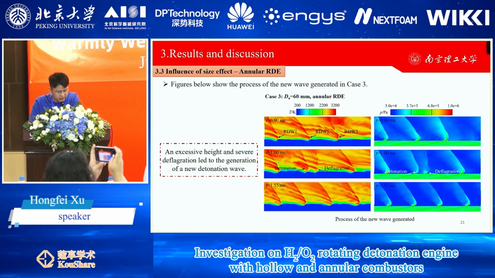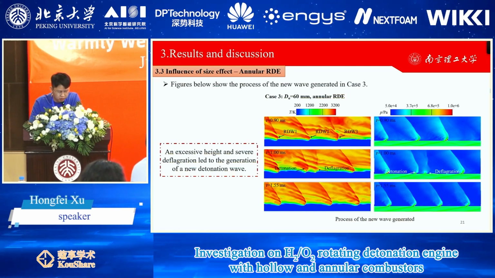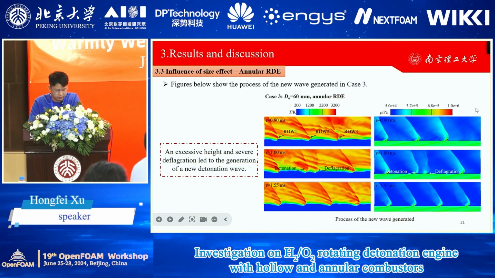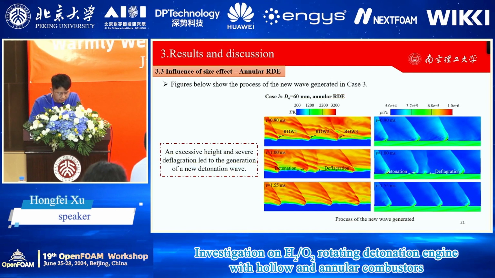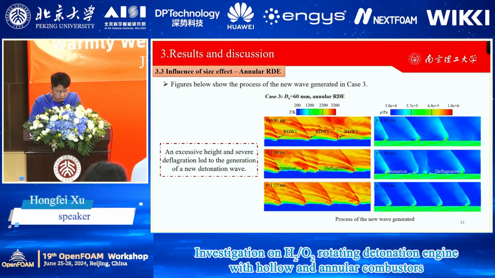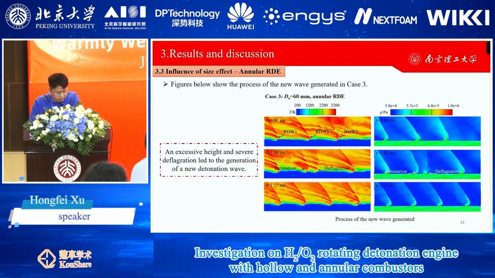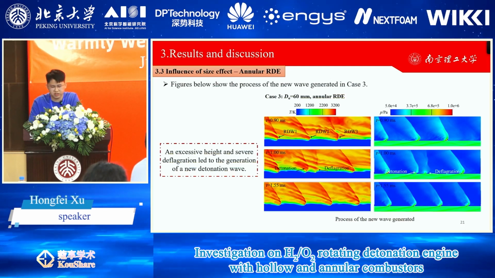When the height exceeds the critical value, a new wave will be generated, as shown in the figures. In case 3, excessive feeding height and sharp deflection of the contact surface led to the generation of a new detonation wave, completing the transition from 3 waves to 4 waves.